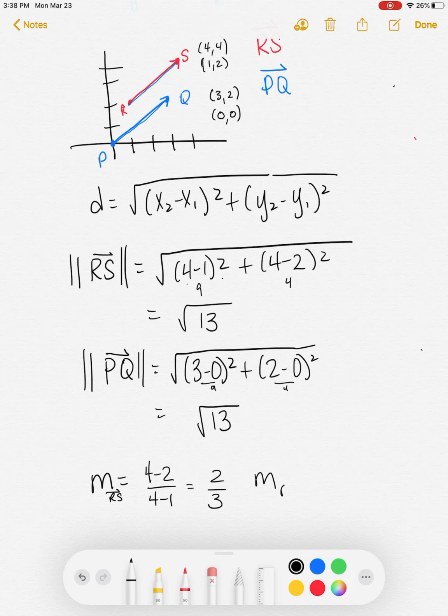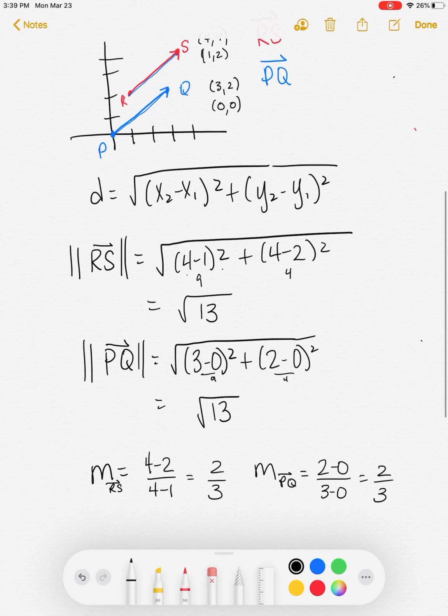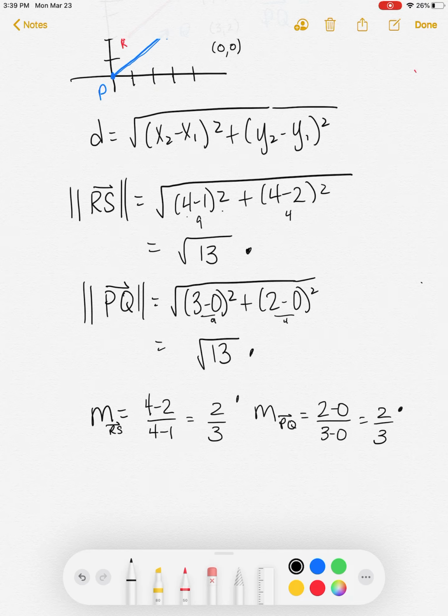All right, so let's find the slope of PQ. The change in y, 2 minus 0, over the change in x, 3 minus 0. You can see that this is going to be the very same slope in both vectors. So they definitely have the same magnitude here, and the same direction based on those two slopes.